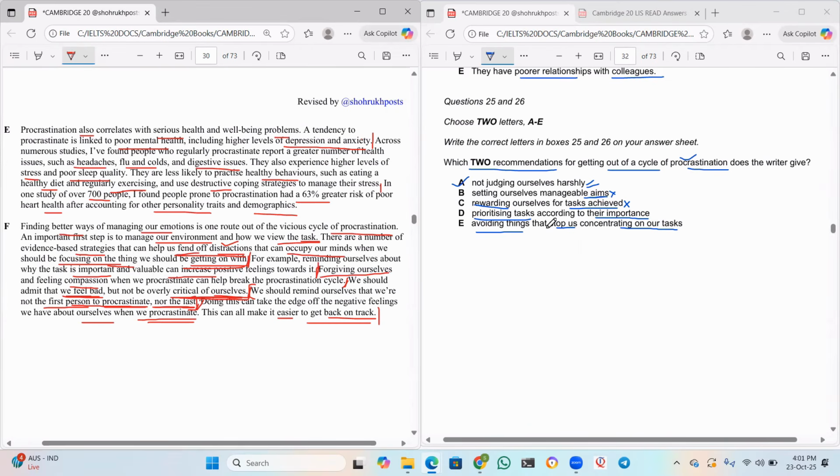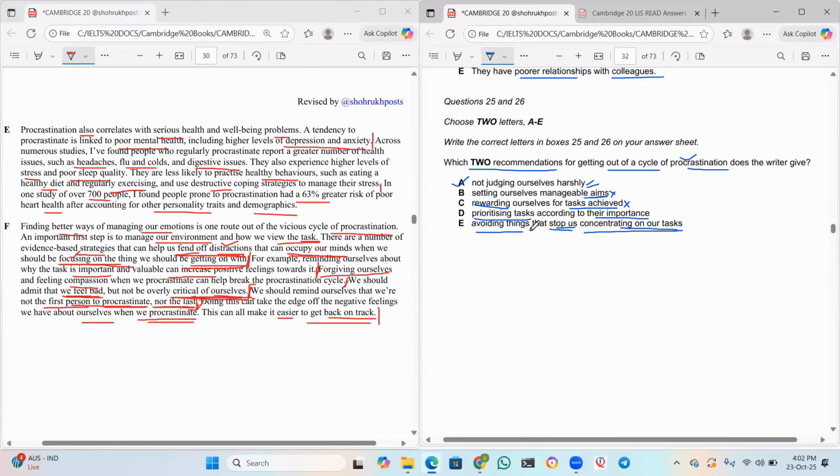See, avoiding things that stop us concentrating on our tasks means this one, sir. There are a number of evidence-based strategies that can help us fend off distractions that can occupy our minds when we should be focusing on the thing we should be getting on with. Focus means concentration, right? Focusing on the thing means concentrating on our tasks.